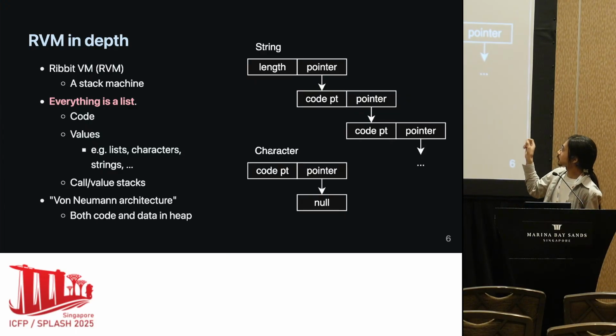The right side shows examples of the data structures on RVM, and the upper one is a string.